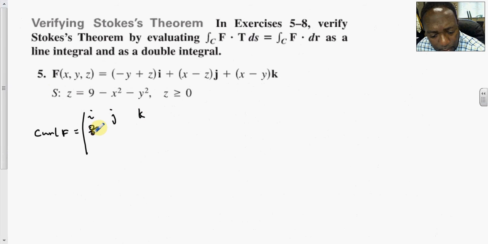So the curl, you recall, is found in this fashion. The first row would be the components i, j, and k. The second row is the partial derivative operators, and then the third row would be the vector components M, N, and P. So this is negative y plus z, x minus z, then x minus y.